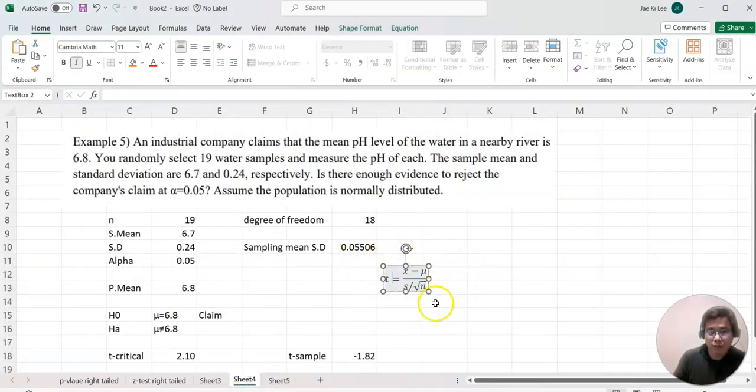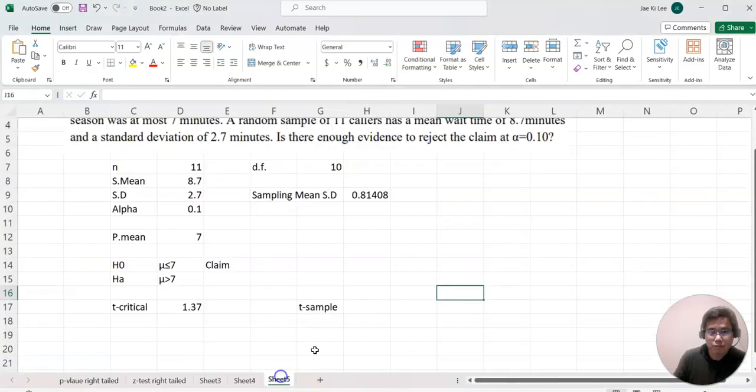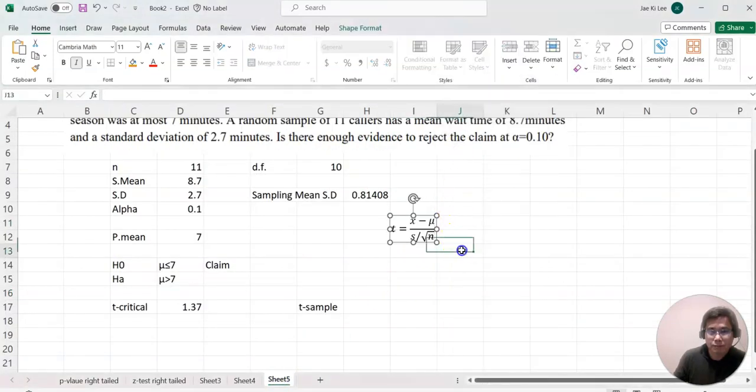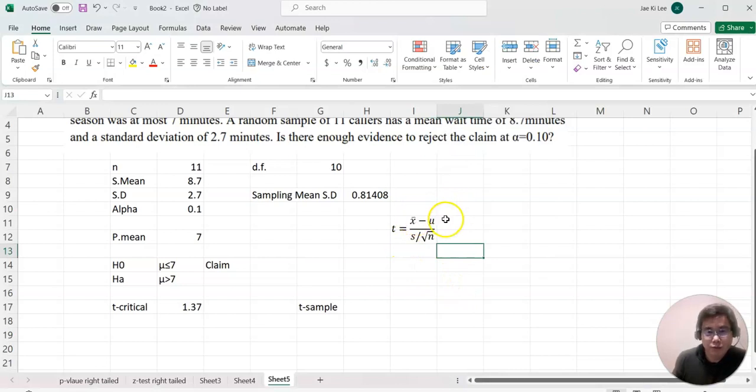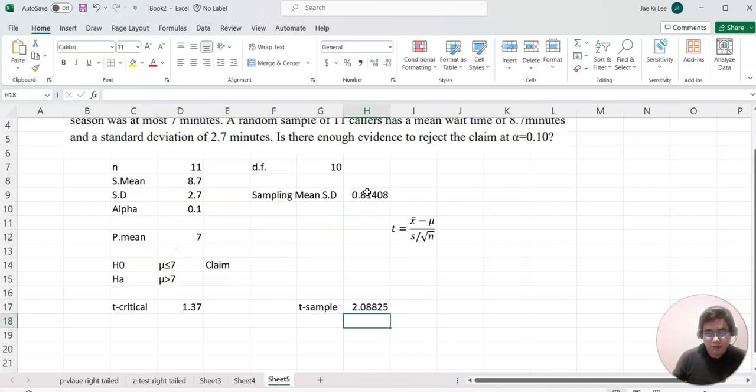Using this t formula, t equal to x bar minus mu over s over root n, but s over root n is already the sampling mean standard deviation. So t sample equals x bar sample mean minus population mean, divided by the sampling mean standard deviation. That's our t sample value. I'm also rounding to the hundredths digit here, and then we got 2.09.